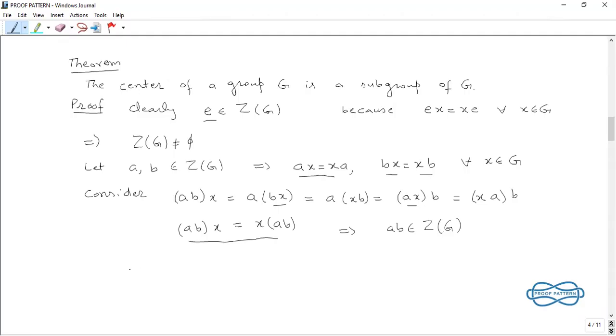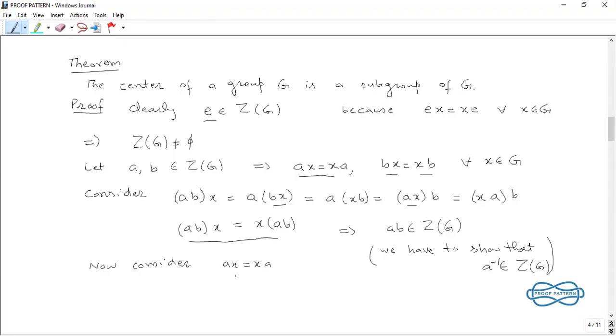Now we have to show that the inverse of every element also belongs to the center of G. Actually, we have to show that a inverse belongs to the center of G, for every a belongs to the center of G. Okay.